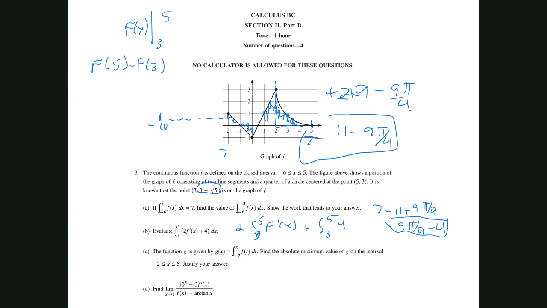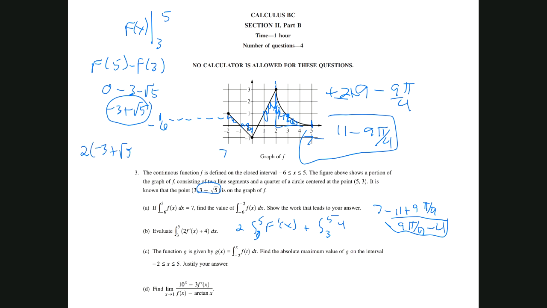And then f of 5, it looks like 0, doesn't it? So this is going to be 0 minus (3 minus the square root of 5), which ends up being -3 plus the square root of 5, if I'm not mistaken. And then I still have a 2 on the outside, so that's 2 times (-3 plus the square root of 5).